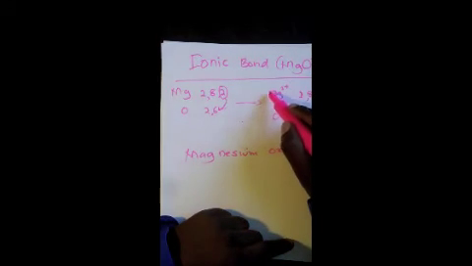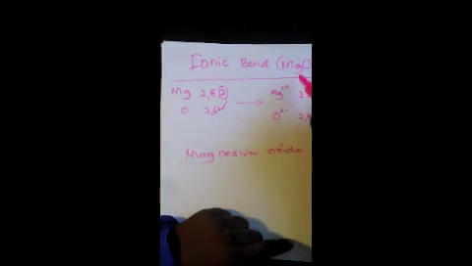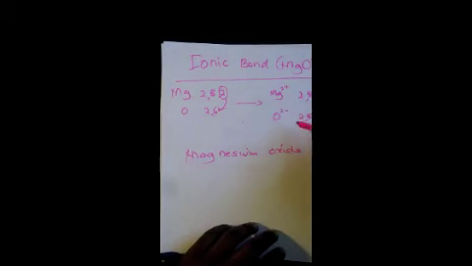So after reaction, magnesium loses 2 electrons. That is why we write magnesium and put a 2 plus on top of it. On the other side, oxygen gains 2 electrons, so we write O and 2 minus on top.